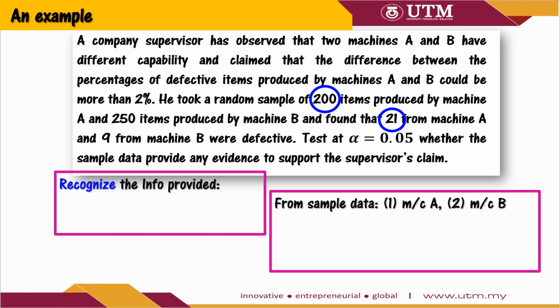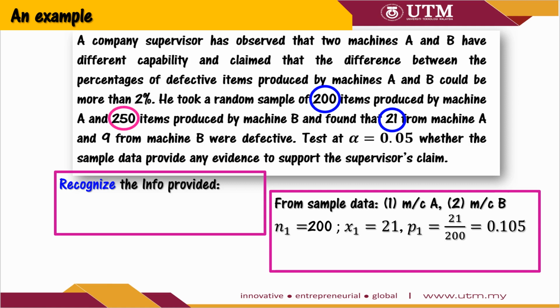So, in notations, we have n1 equal to 200, x1, which is the number of defective items produced by machine A, is 21, and hence the sample proportion of defective items produced by machine A is 21 over 200, given by 0.105. Similarly, from machine B, we have the sample size 250.